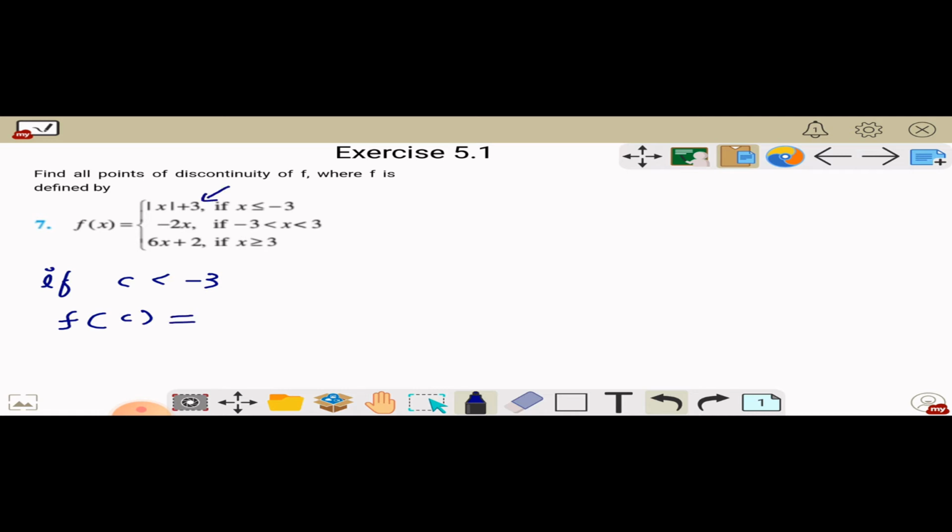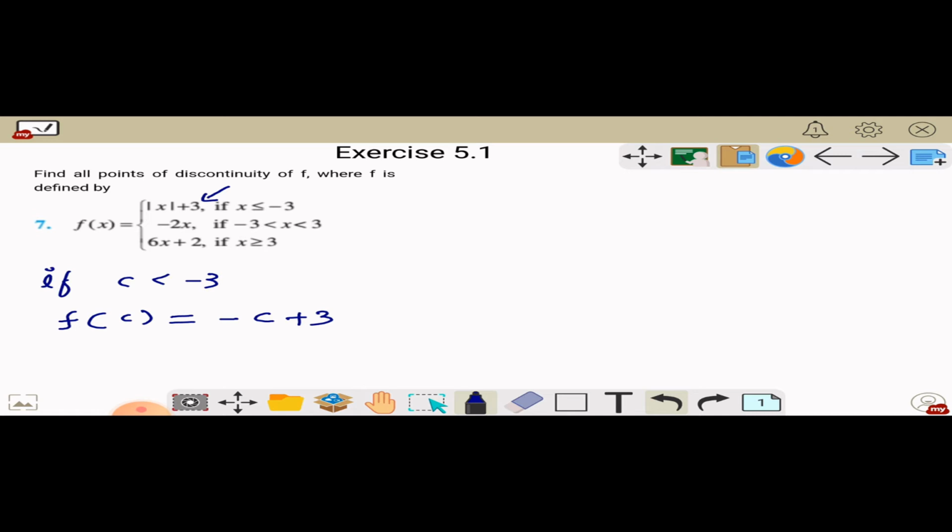now here observe carefully, our function is modulus of x plus 3. Now all the points which are less than minus 3 are negative. So for negative numbers, the function is written like this, minus c plus 3, or you can write 3 minus c.